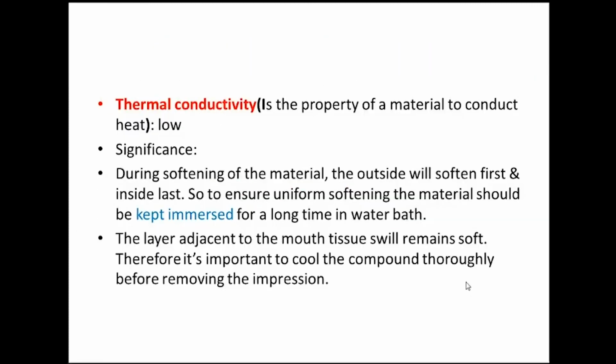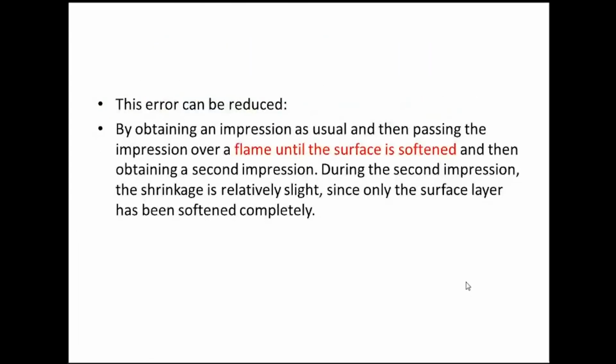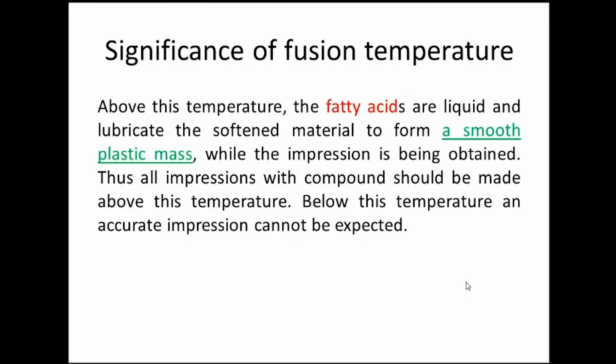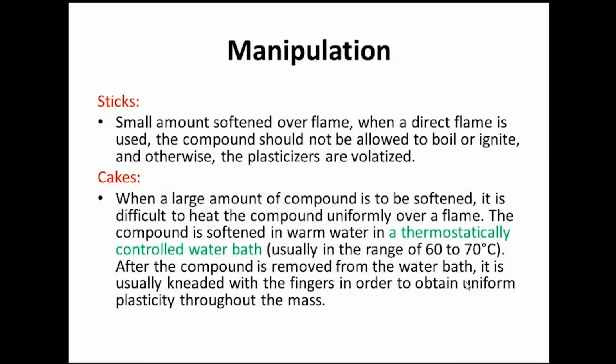How will you use it in the clinic? Number one, we have the stick. A small amount of stick material is softened by the flame. After that, put the softened material on the impression tray.